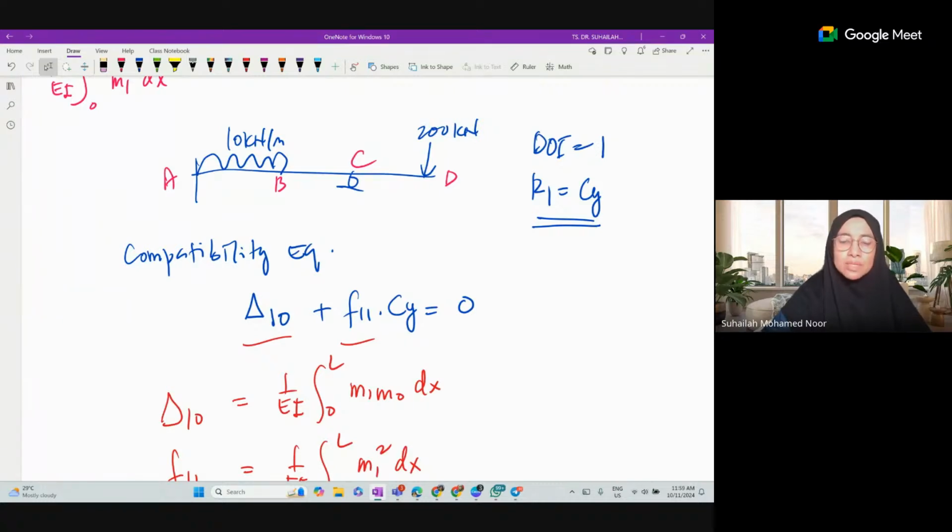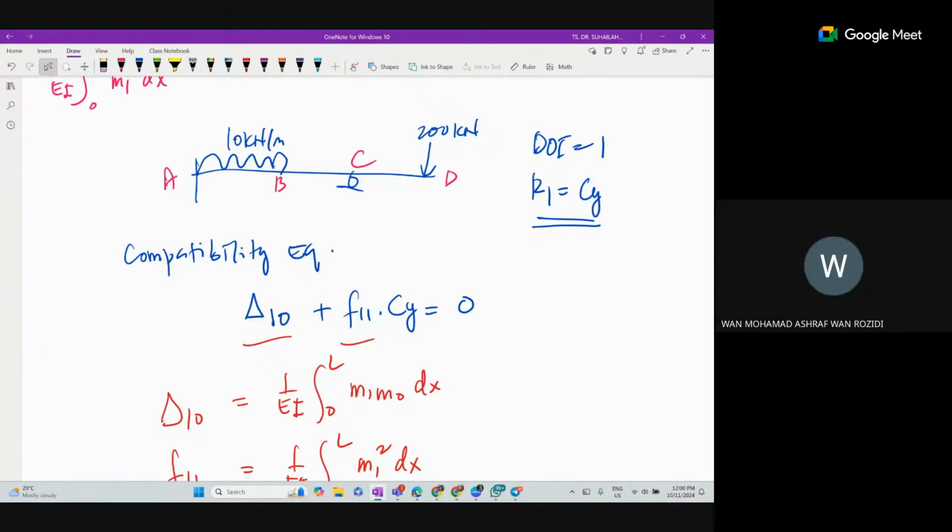The same concept, the same formula will be used in frames as well. So you can start preparing yourself to be successful in this course this semester. Target A, insyaAllah.